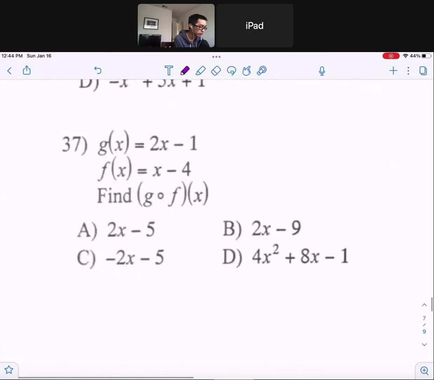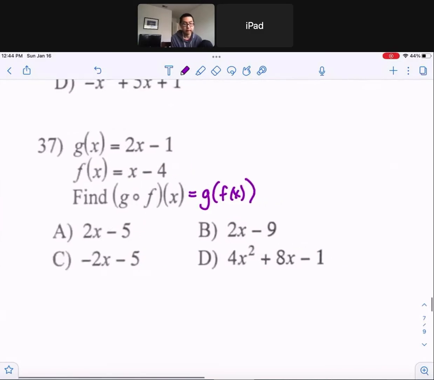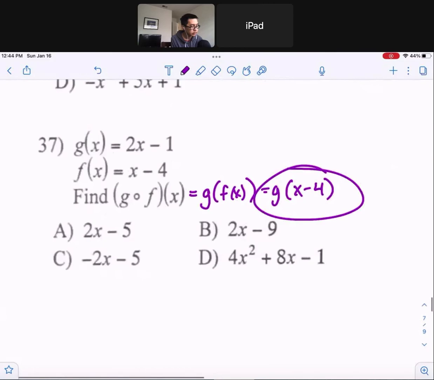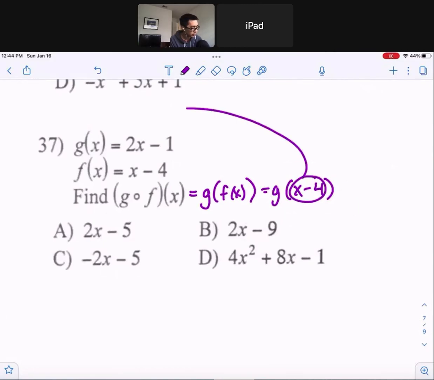Okay, so this is function composition. So this is g of f of x. Now let's replace f of x with the f of x function, which is x minus 4. So you have to plug this x minus 4 into the g function.